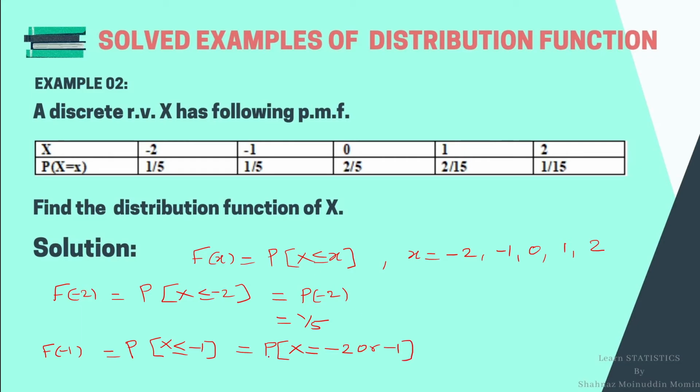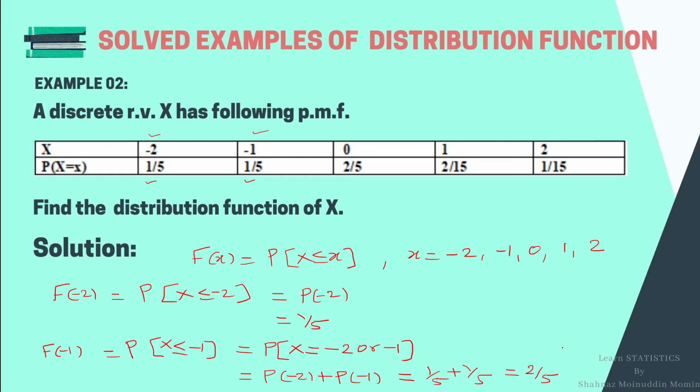Since for x less than or equal to -1 there are two values, -2 and -1, it is equal to probability of -2 and probability of -1, which is equal to 1 upon 5 plus 1 by 5. By substituting the values of probabilities from the probability distribution table, so it is 2 by 5.